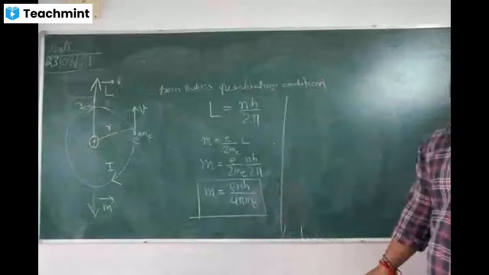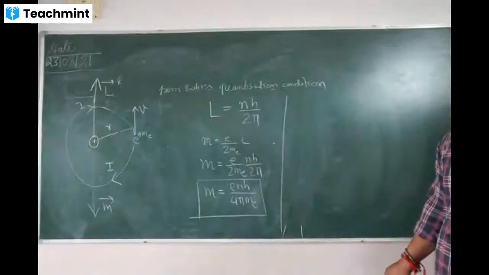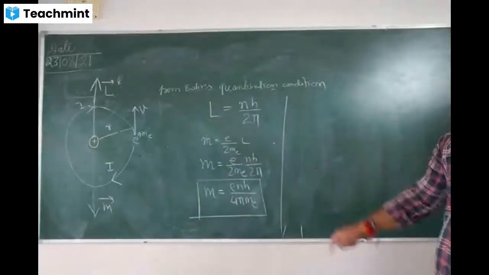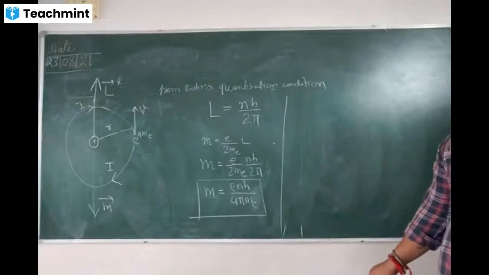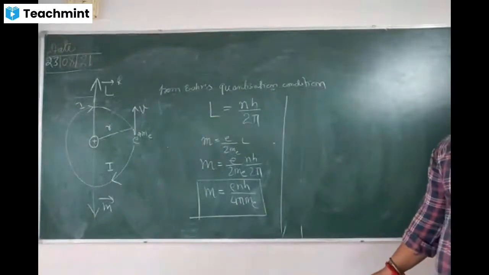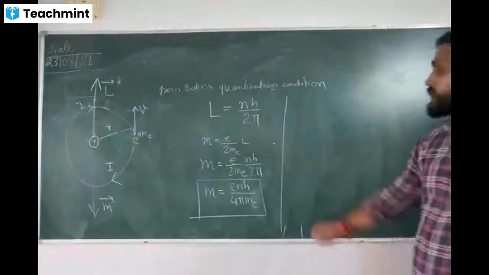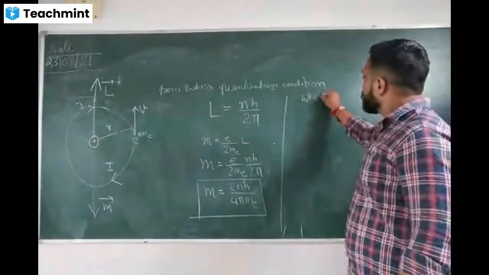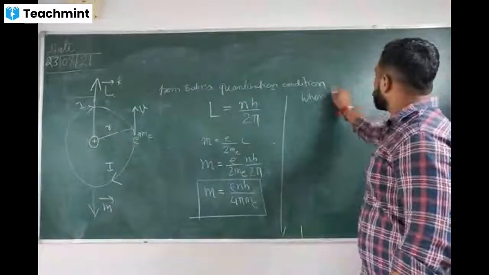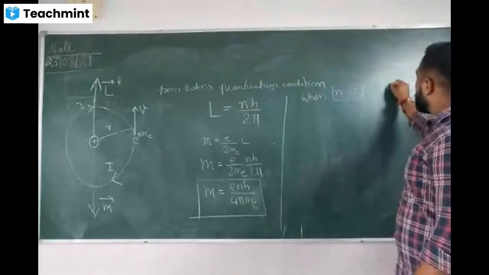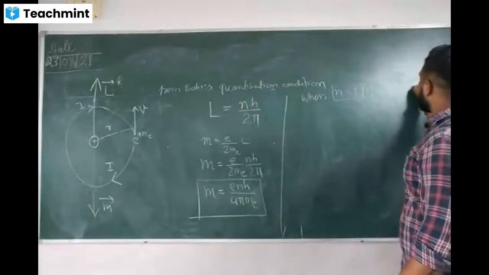It is the least value of the magnetic moment associated with the revolving electron for a hydrogen atom in its first orbit, that is, when n equals 1.